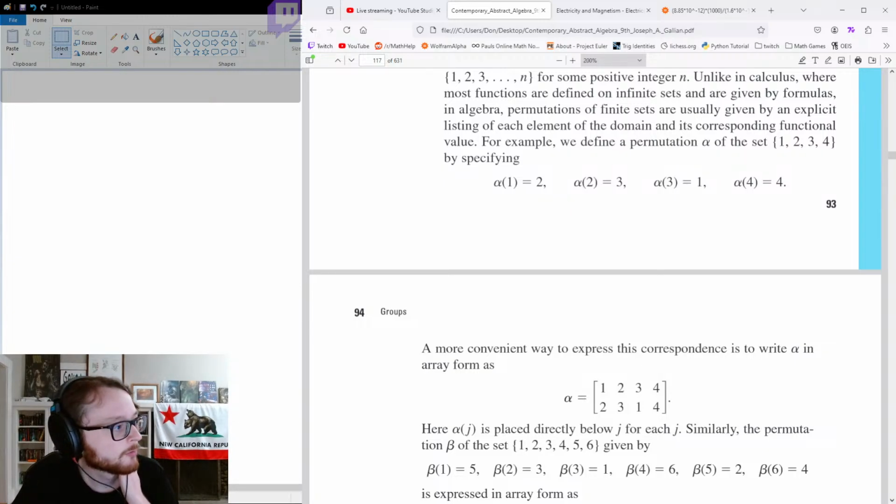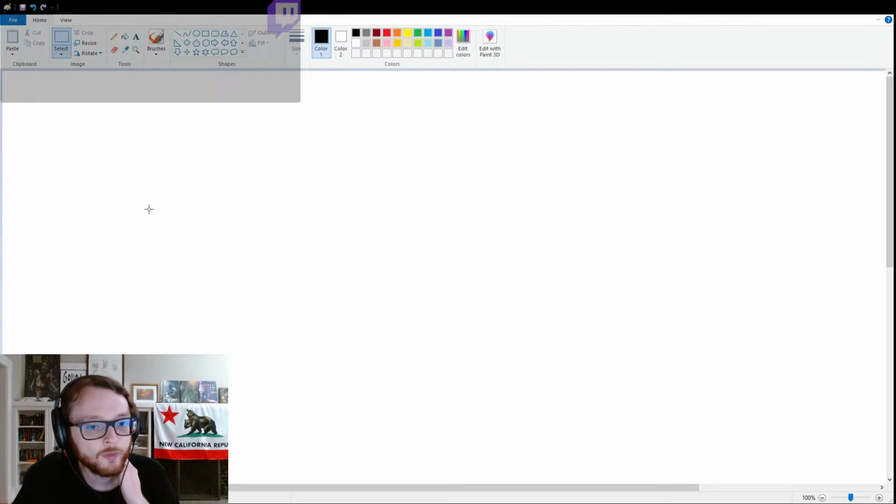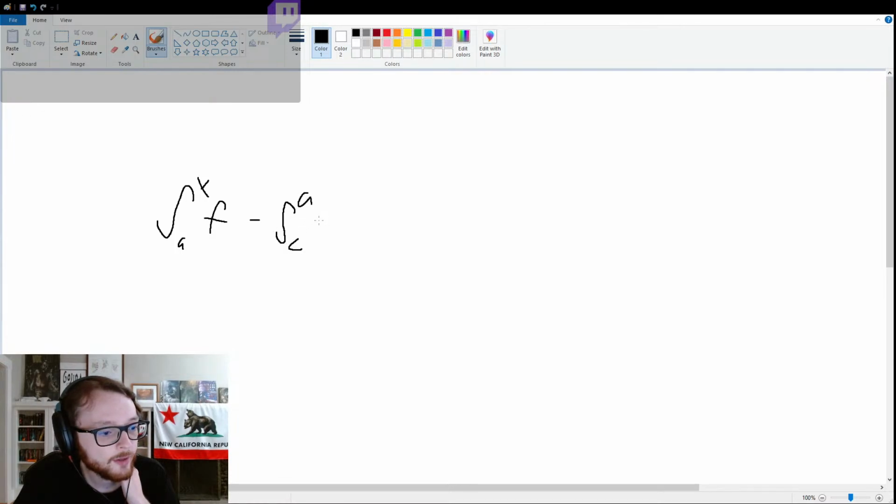Hey, calm cooking. Let me write out what you're typing. You're saying the integral from a to x of f minus the integral from c to a of f is equal to... you're saying these two are switched?